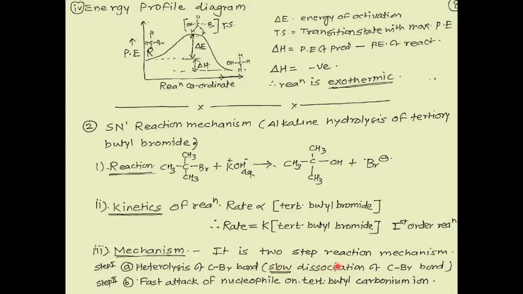After getting this tertiary butyl carbonium ion, the nucleophile attacks it, and this attack is fast. So the first step is slow dissociation, and the second step is fast attack of the nucleophile.